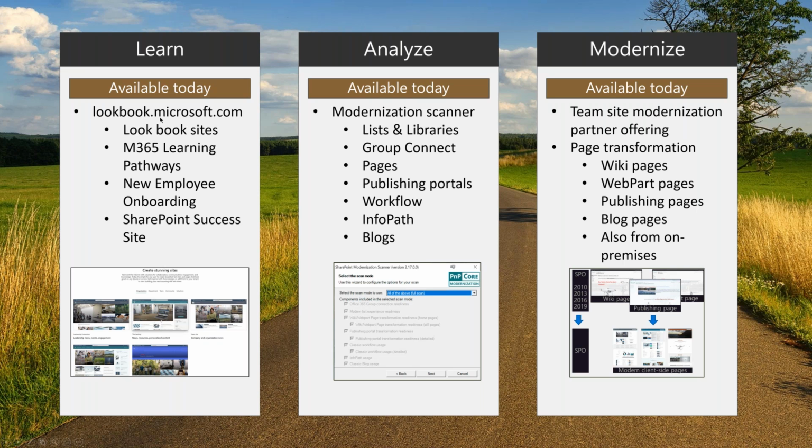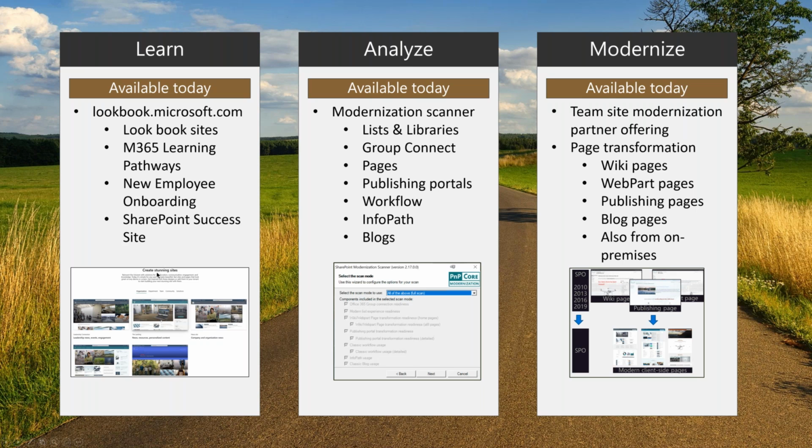For that, we have lookbook.microsoft.com, a site you can go to and look at existing site designs. Below here, you see a couple of site designs. You pick the one that looks interesting to you and apply it to your tenant. Essentially, the service will create a new site collection in your tenant and apply this template on top of it, so you have a playground where you can experiment.